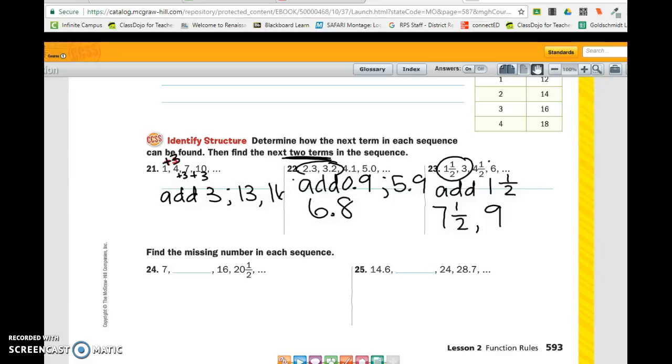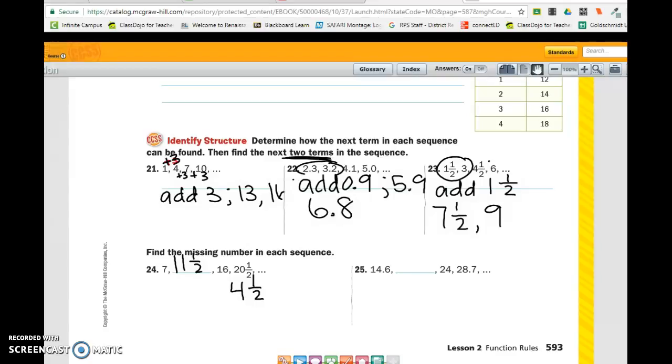Okay, down here we are finding missing numbers, so we're filling in the blank. How do we get from 7 to 16? So I'm looking, how do I get from 16 to 20? And that means 16 to 20 is 4 and then 1/2. So we're going to add 4 1/2. So 7 plus 4 is 11, and then we're adding that half on, so 11 1/2.